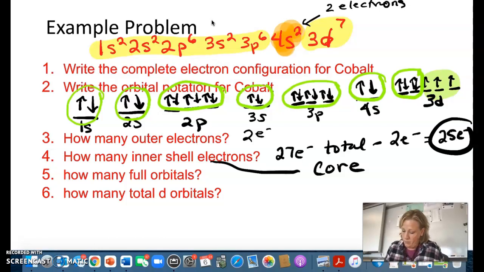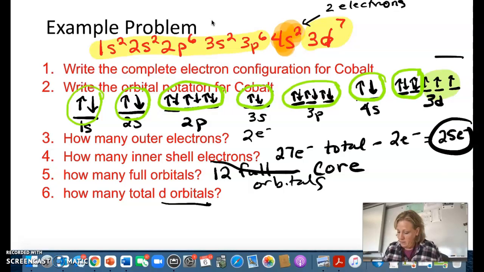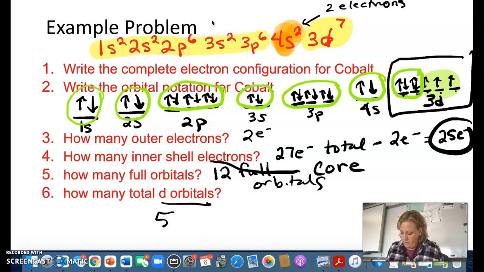So we have 12 full orbitals. And then they're asking me for the total number of d orbitals. There are, just right here, 1, 2, 3, 4, 5.